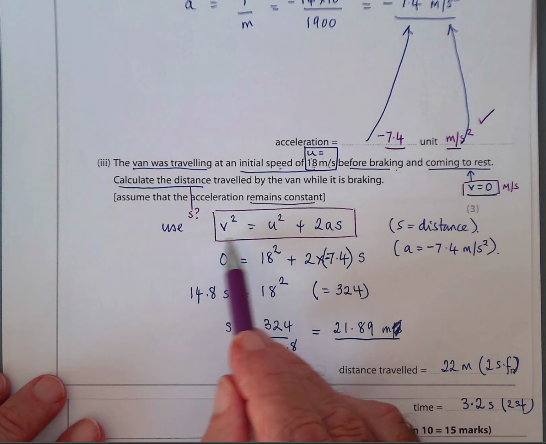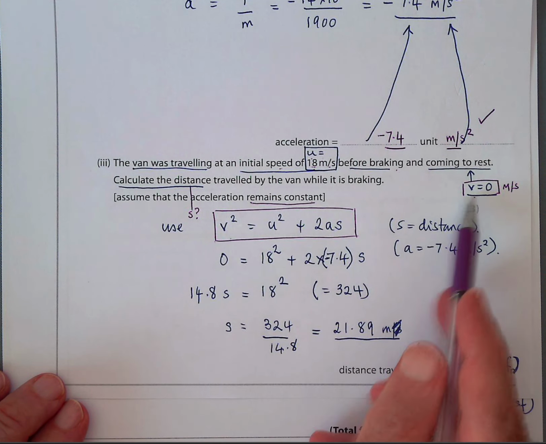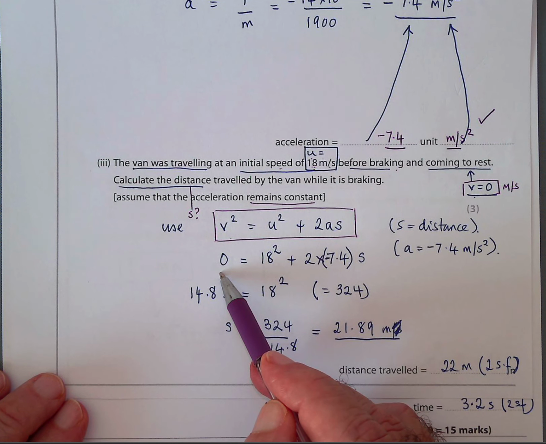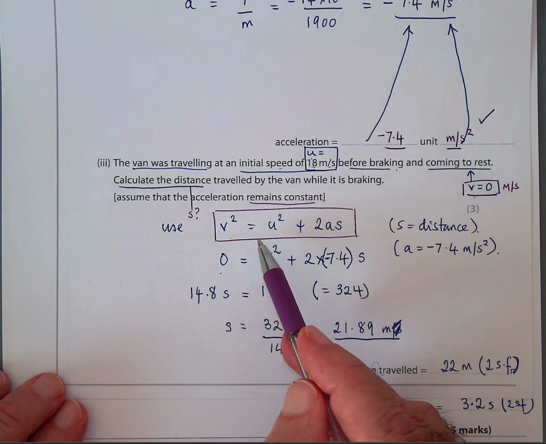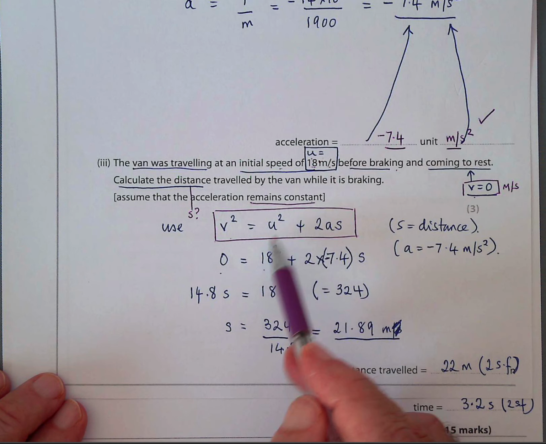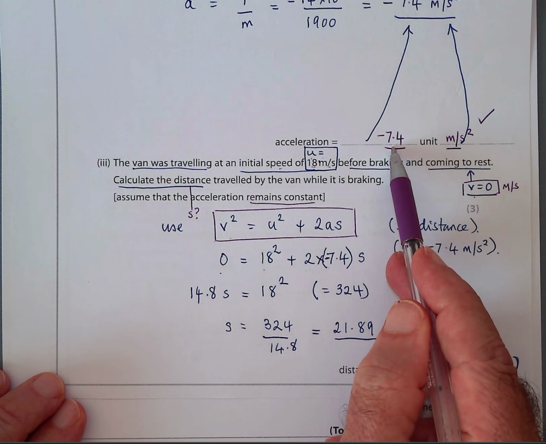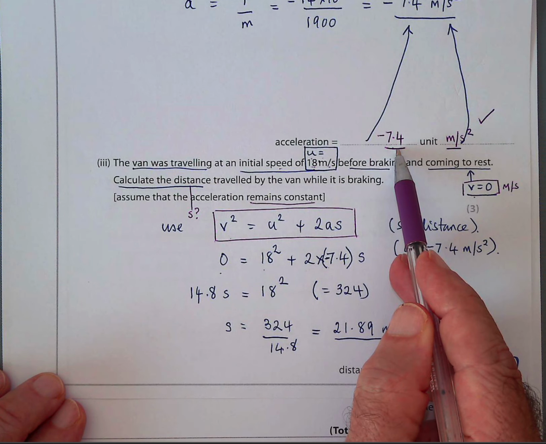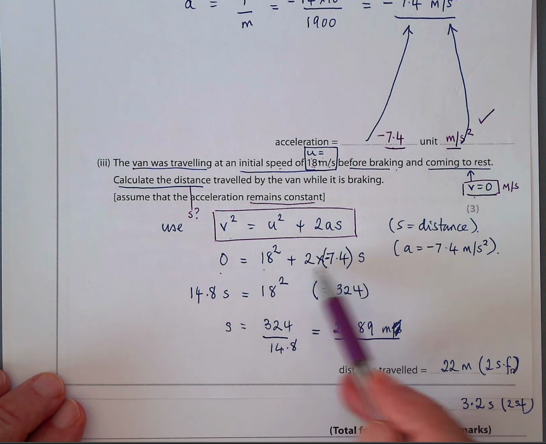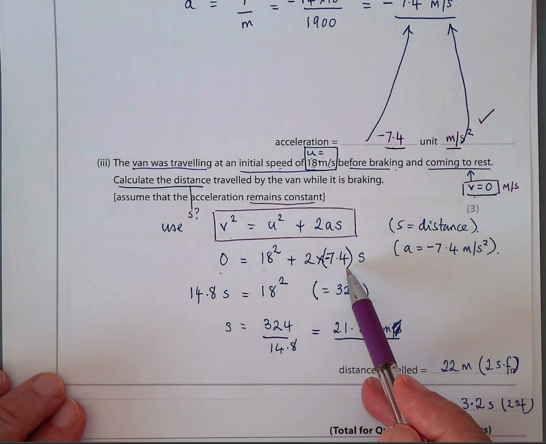Okay, so we know we're using v squared equals u squared plus 2as. Now v is the final speed, which is 0, so make sure you put it on the left-hand side, equals u squared, which was 18 squared, plus 2 times 7.4, which is what we calculated. If you've made an error here and you use your incorrect value and you do the maths correctly here, they'll give you credit for your work.